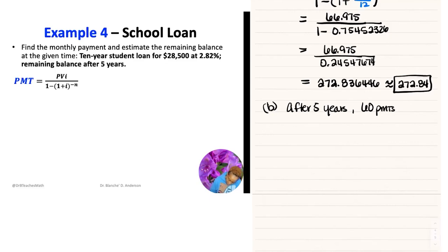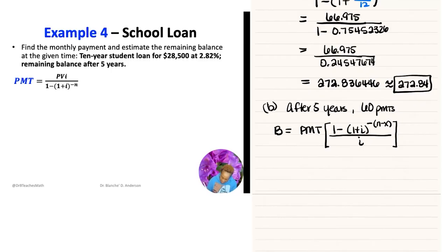Now that formula, let me show you, PMT, that's the one that had a lot of extra stuff going on. So 1 plus I to the minus N minus X, all over I. Yeah, that's the one with the extra stuff going on.